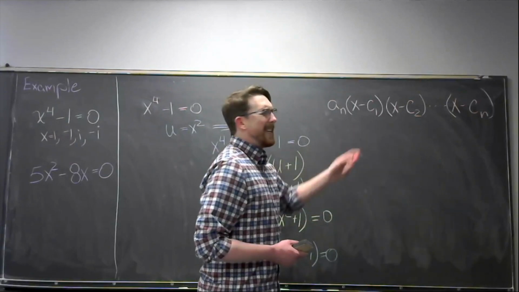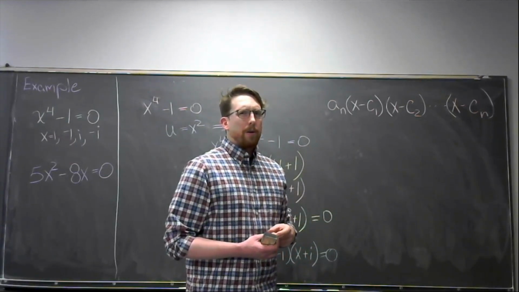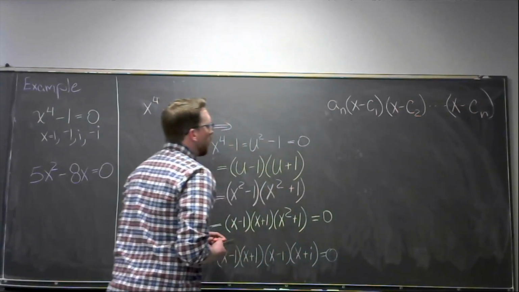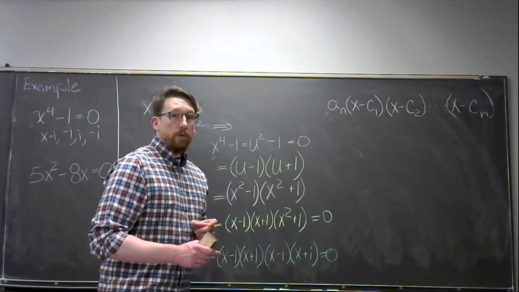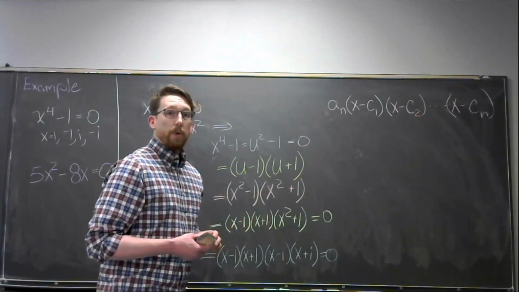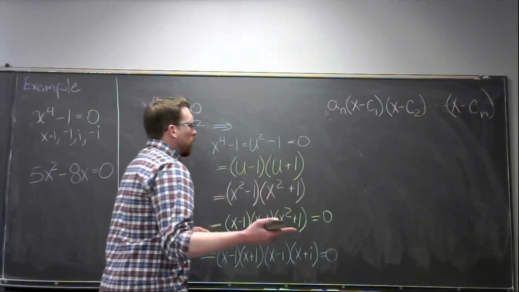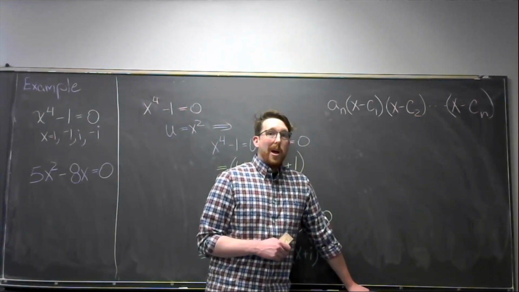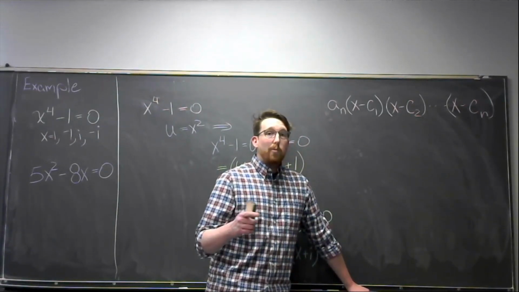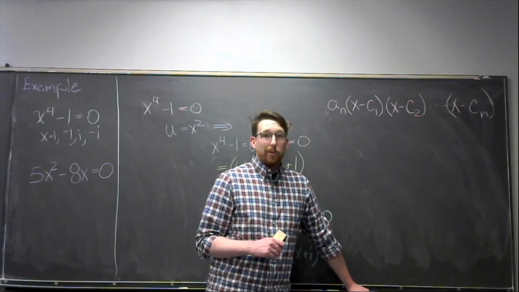Now, what are these c's? These c's are equal to the zeros, or the roots, of your polynomial. So, let's say I told you you have a repeated root at -2.